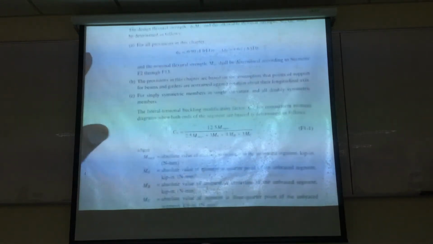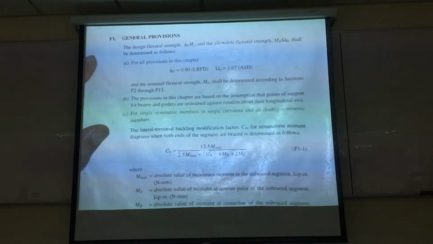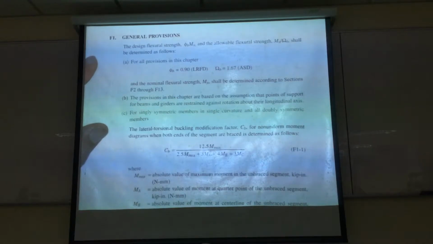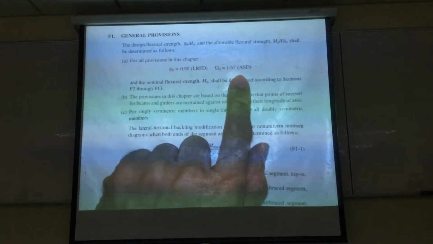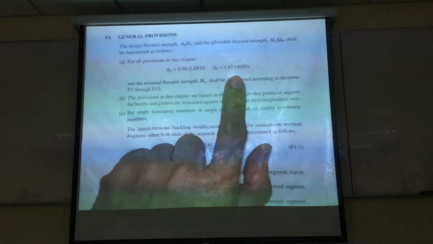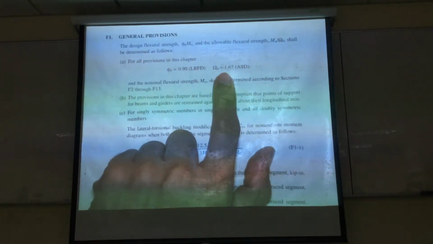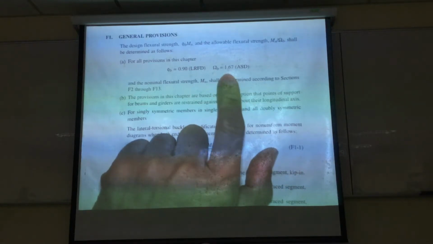Initially in AISC, the first part talks about the general provisions, so that talks about the stress reduction factor or factor of safety. You have two options, LRFD or ASD. For ASD, 1.67 is the factor of safety. In the past, it used to be like 2.